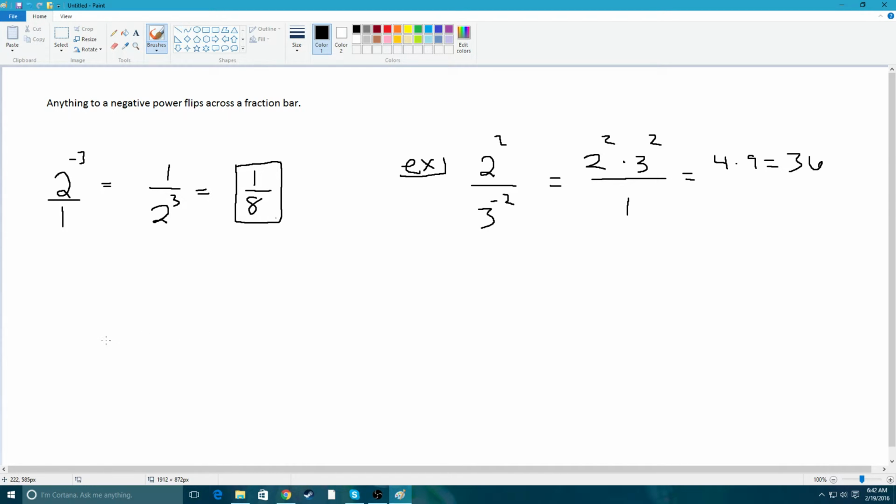So, quick example. Let's say we get 2 to the second power times x to the second times 2 to the third times x to the negative fourth power.